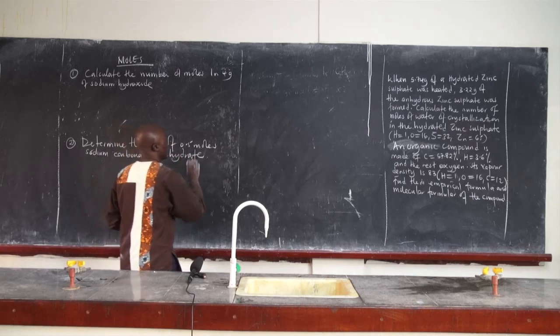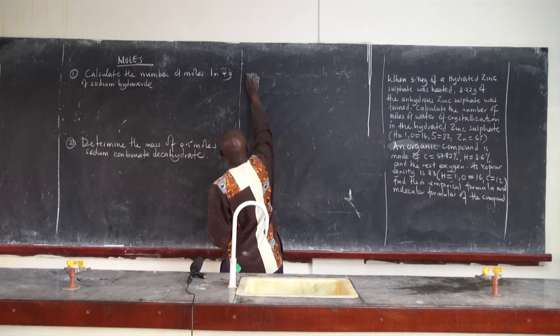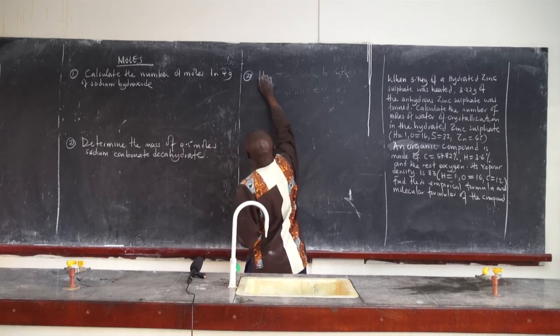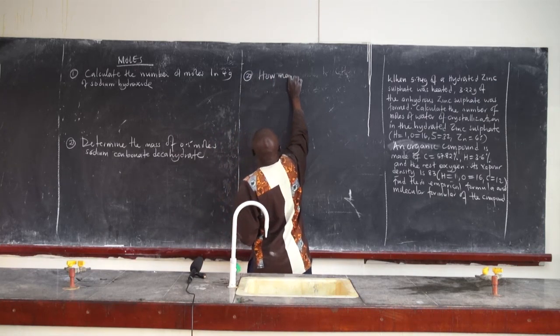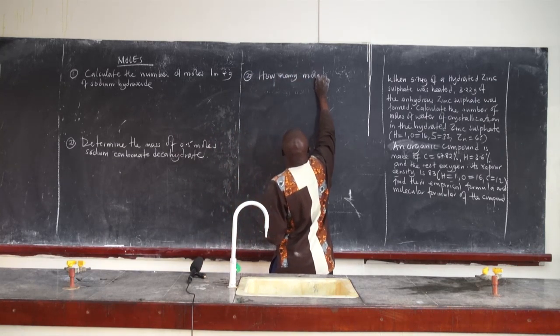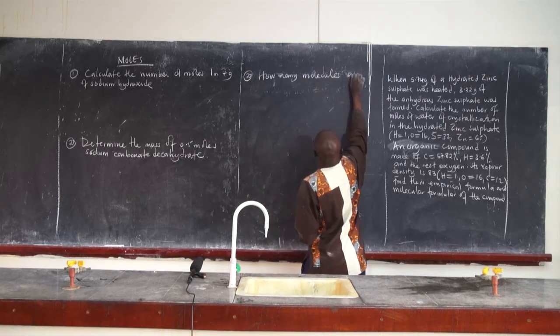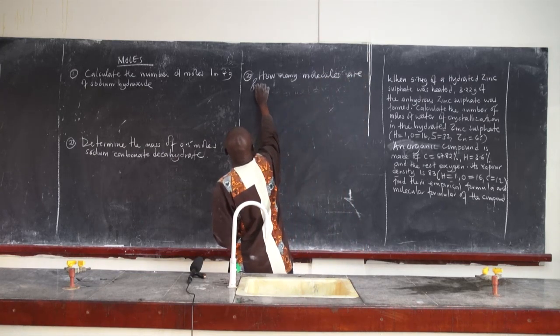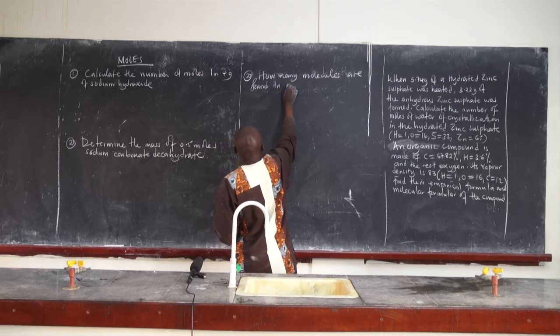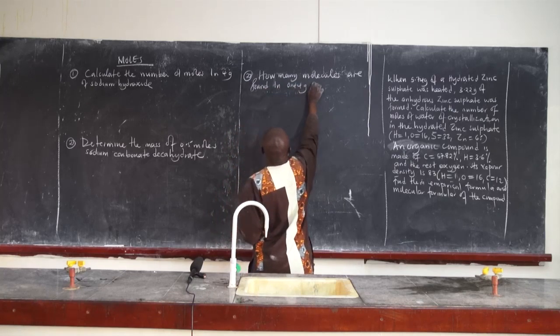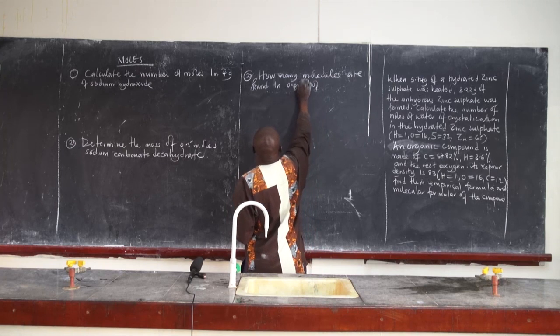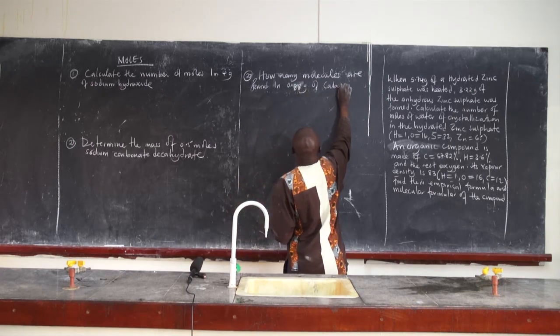The next question: how many molecules are found in 0.88 grams of carbon dioxide.